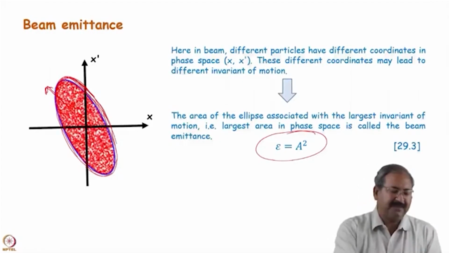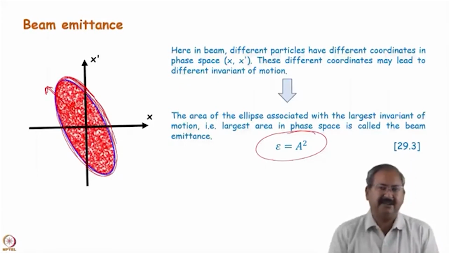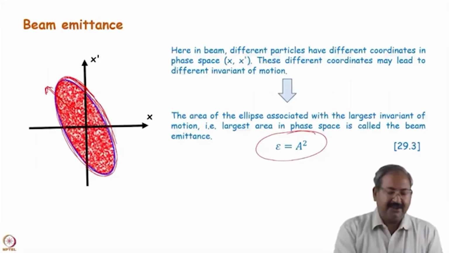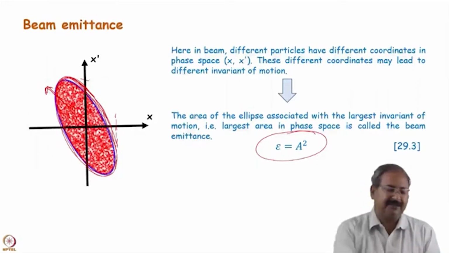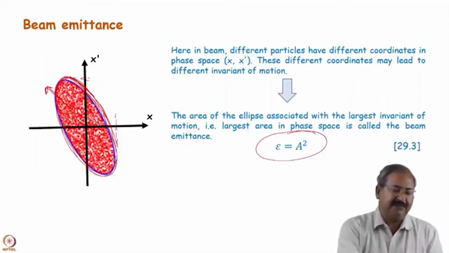Suppose there are many particles inside this ellipse. All these particles will remain inside this ellipse. Now the maximum amplitude of this outermost particle, outermost meaning a particle which is on the outermost ellipse, we can define.